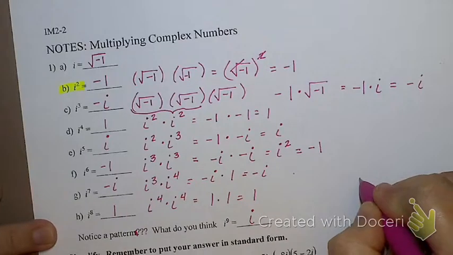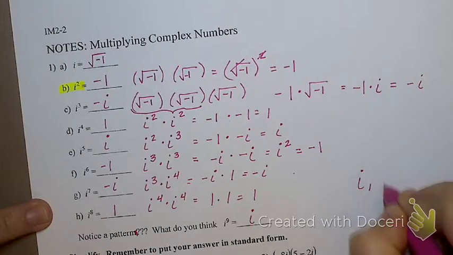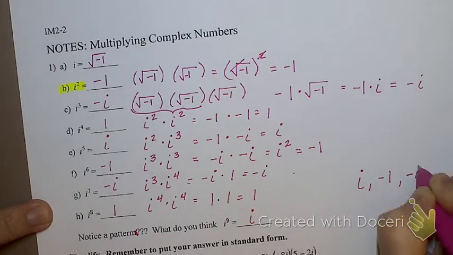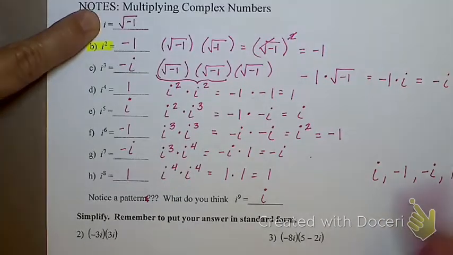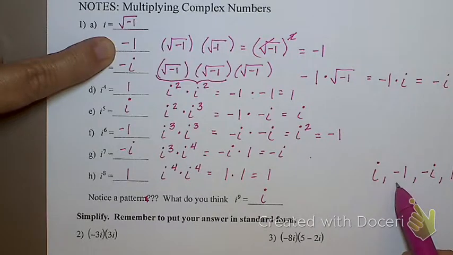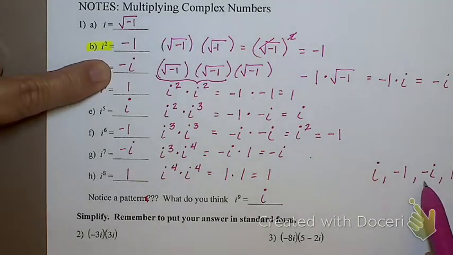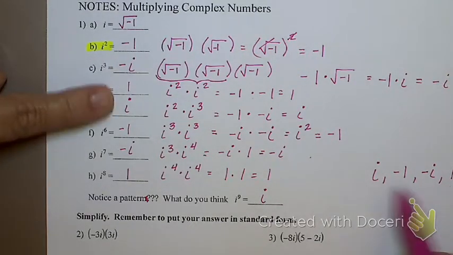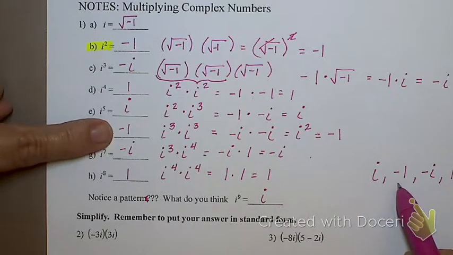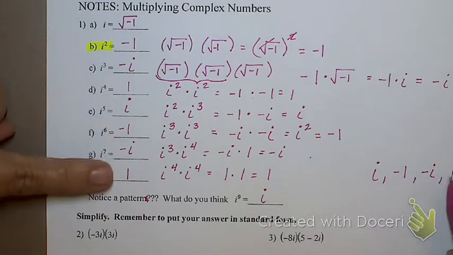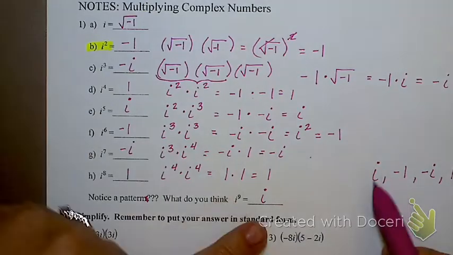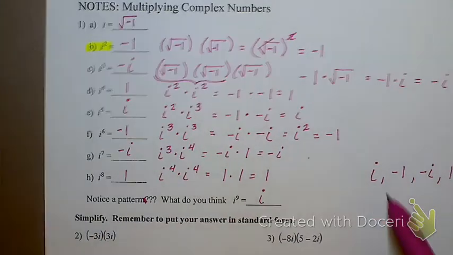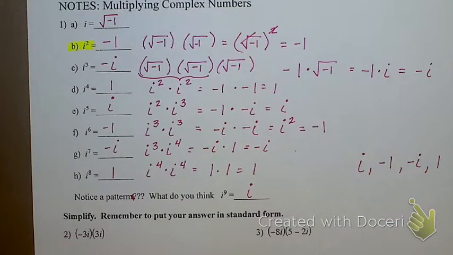Nope. i, -1, -i, +1. i, -1, -i, +1, which is why the next one's going to be i. It follows this pattern over and over and over again. Kind of crazy, huh?